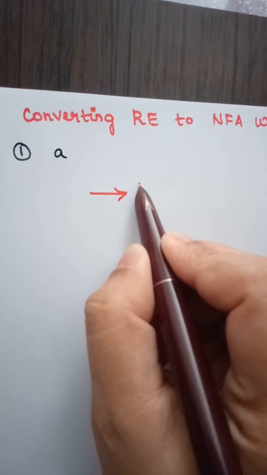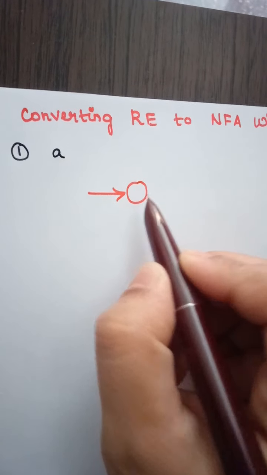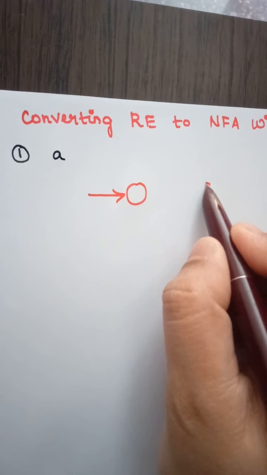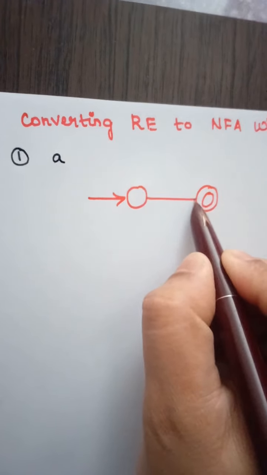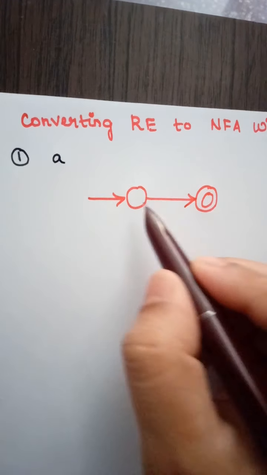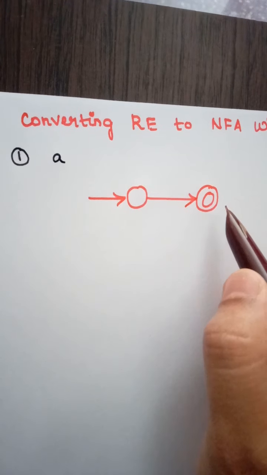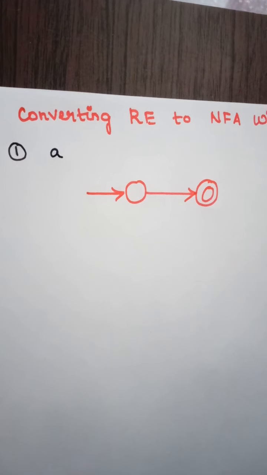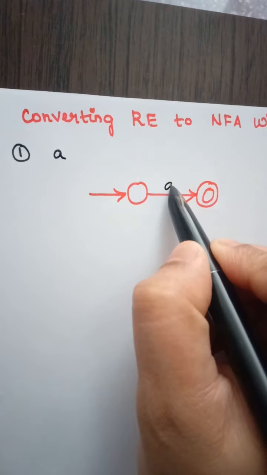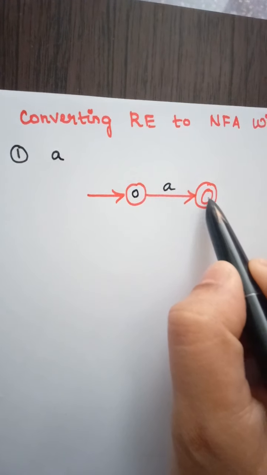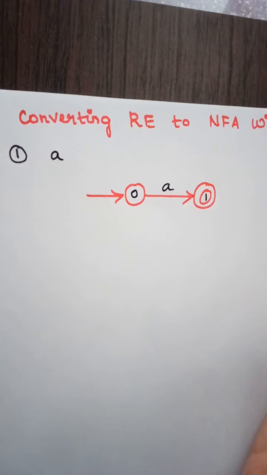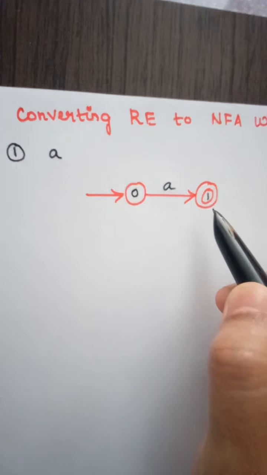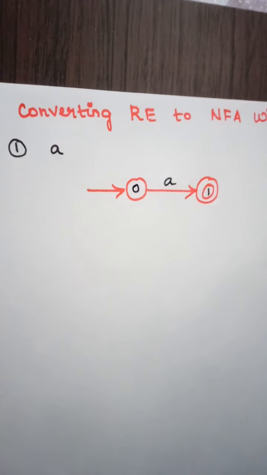We have a start state and a final state, and a transition takes place from this state to this state on the input A. I'm naming the states 0 and 1. This is how we construct the NFA without epsilon move for the input symbol A.